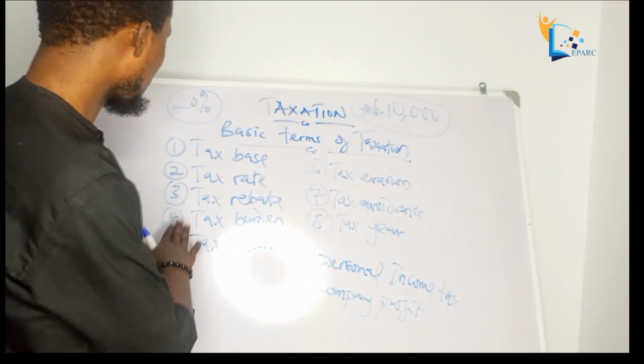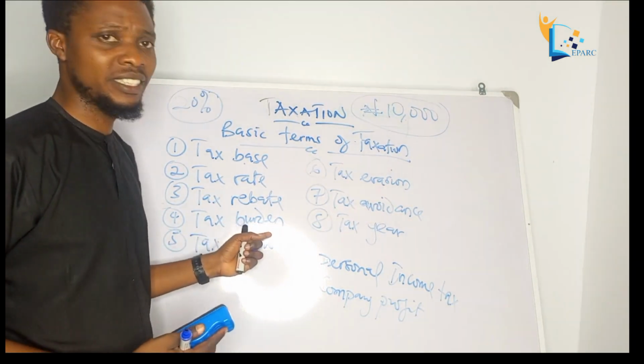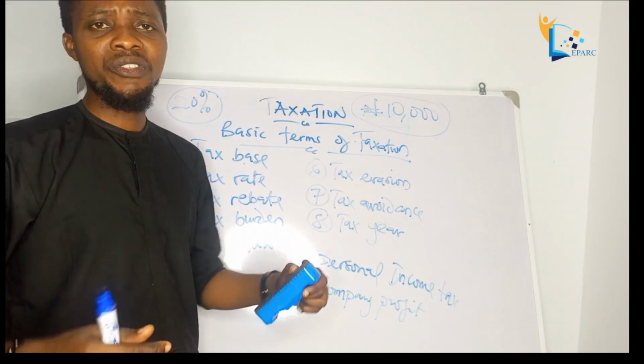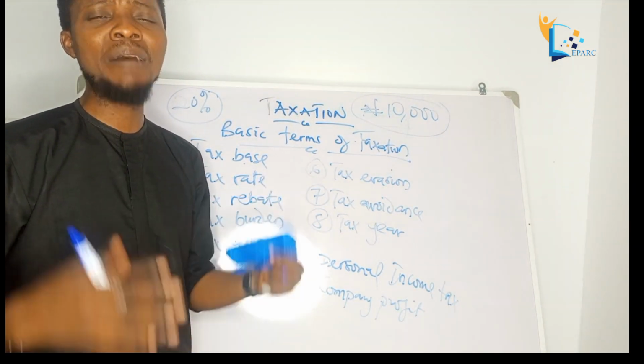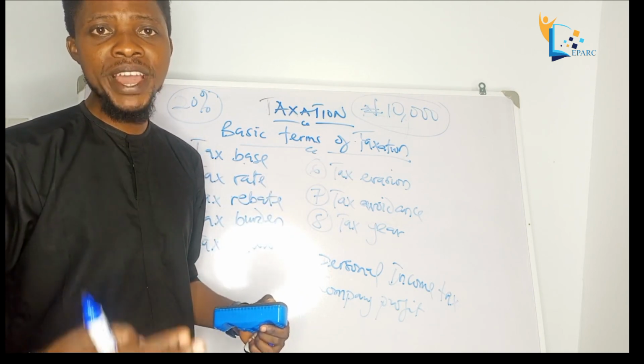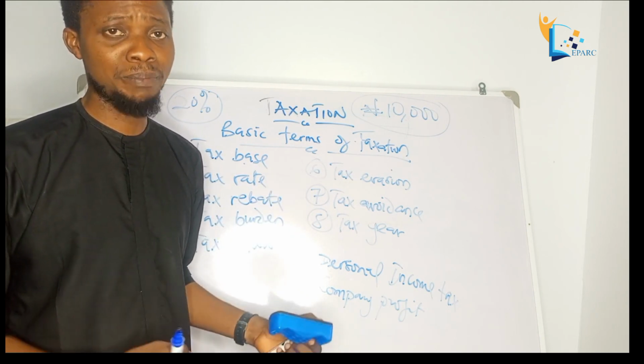Okay? Now, number 4, tax burden. Tax burden is simply the total amount, the absolute amount that is being paid to the coffers of government by taxpayers.